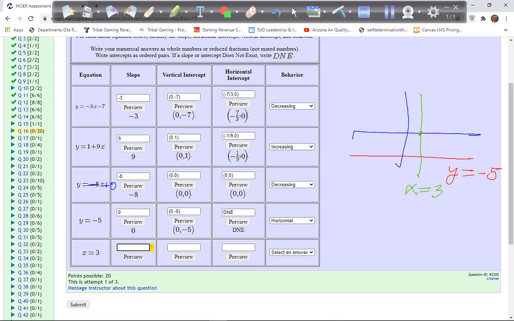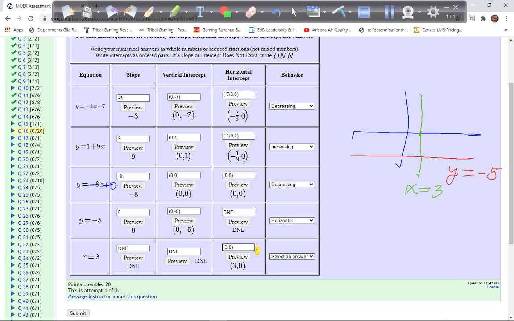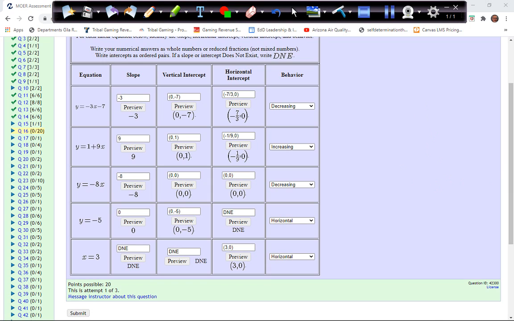So its slope is undefined, or DNE. What's the vertical intercept? Well, there is none. It's not going to cross the y-axis. But where does it cross the x-axis? It crosses at (3, 0). And what kind of line is this? This is a horizontal line.